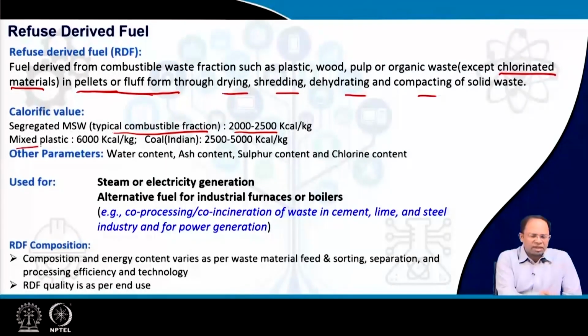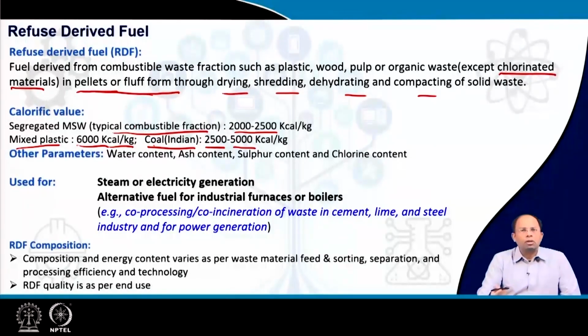Now, mixed plastic waste, if we just use plastic, then the kilocalories per kilogram is around 6000. To give you a reference, coal that we use in India gives us around 2500 to 5000 kilocalories per kilogram. So you can understand that if we can replace coal with segregated MSW, then in processes where we burn coal to generate energy, instead we can burn MSW to also generate energy.